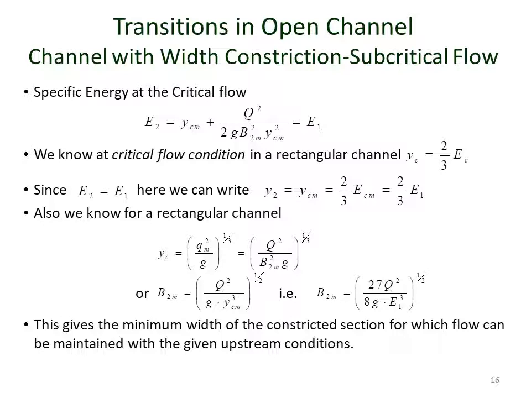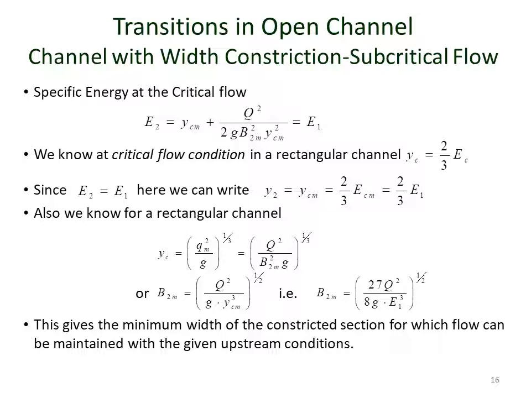Capital E2 is equal to YCM, that's the critical flow depth for the minimum width cross section, plus capital Q square by 2G capital B2M square into YCM square.